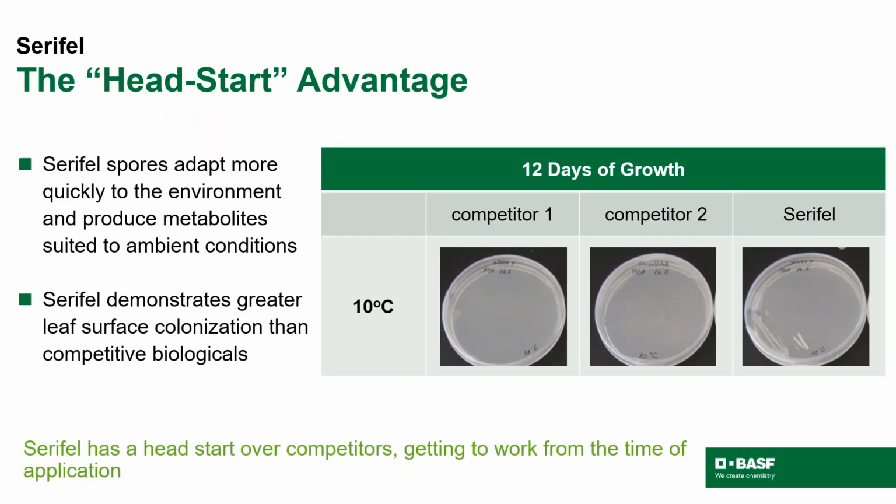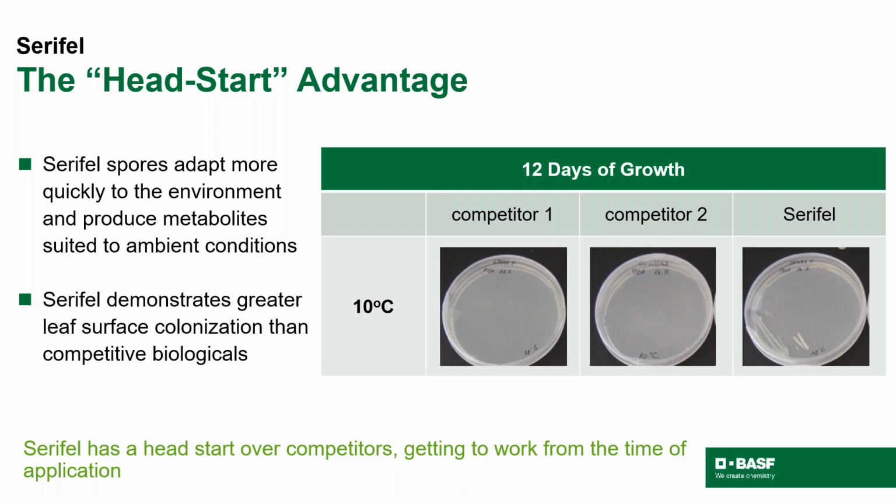Here is how we see that head start sort of working. The Serifel spores adapt more quickly to the environment and produce metabolites suited to the ambient conditions in the petri dish. As you can see in the picture, Serifel, that's on the right-hand side, demonstrates greater leaf surface colonization at only 10 degrees Celsius.